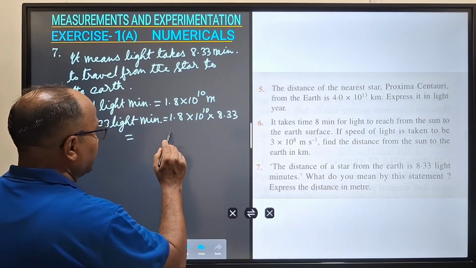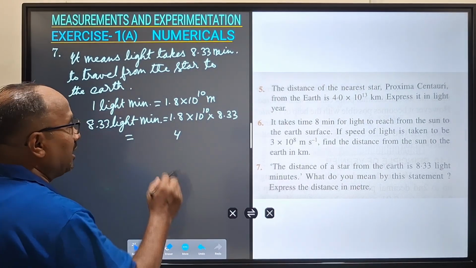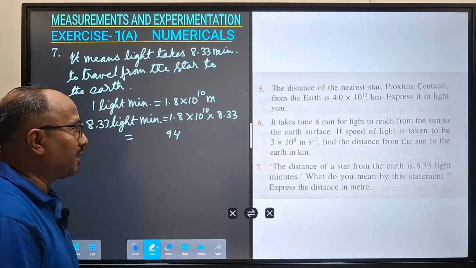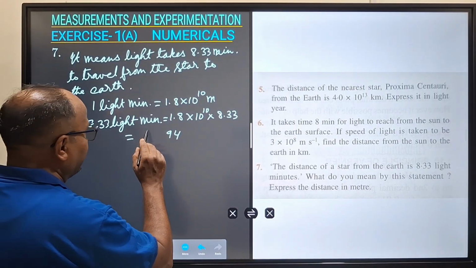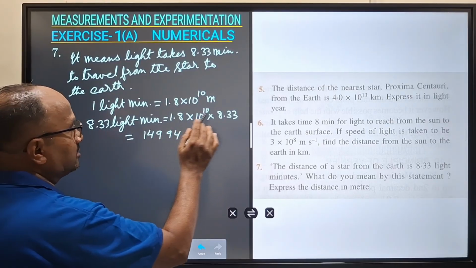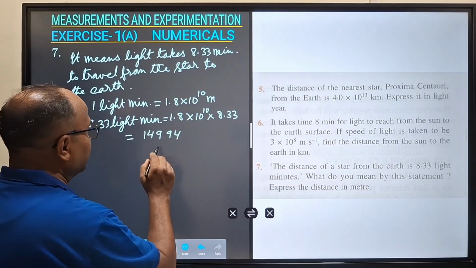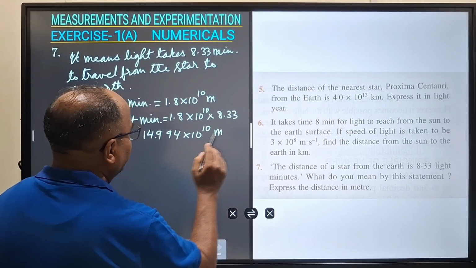So 18 3s is 54, 5 carry, again 18 3s is 54 and 5 is 59, 5 carry. 18 into 8 is 144 and 5 is 149. After decimal 1 place and here 2 places, so 3 places, into 10 to the power 10 meter.